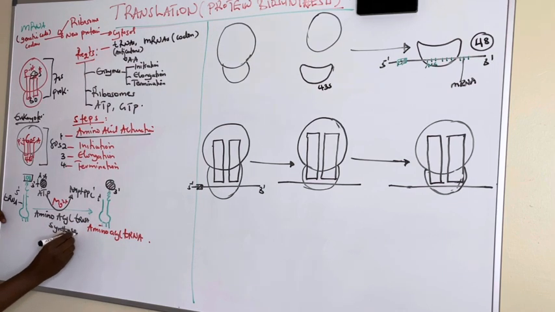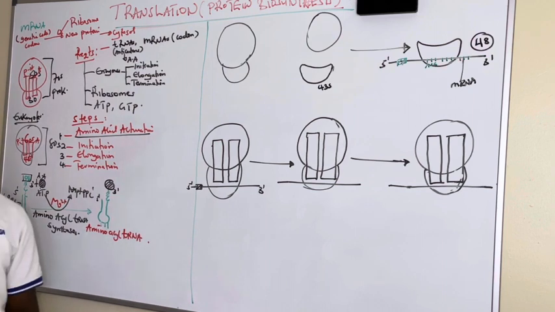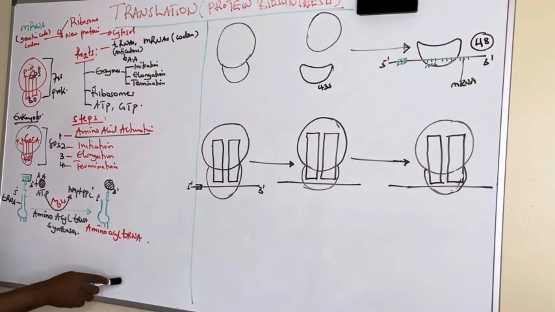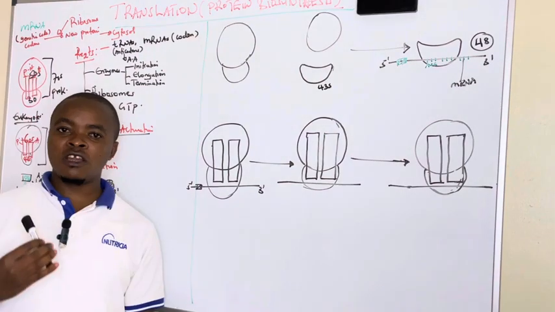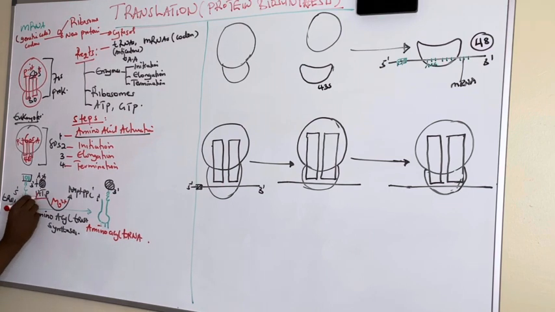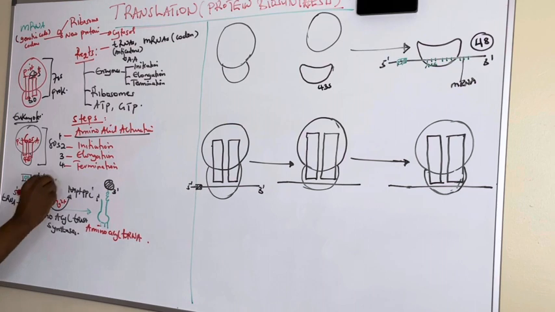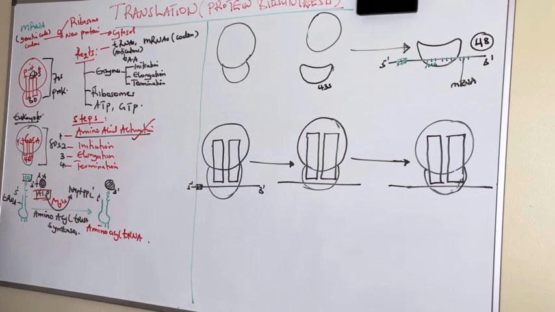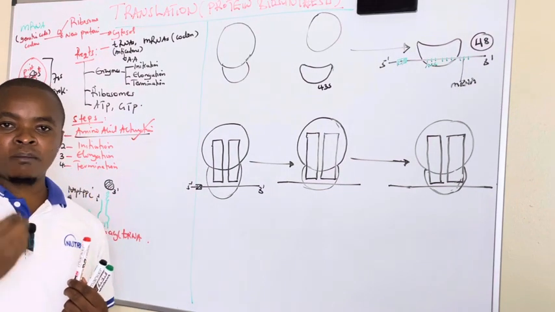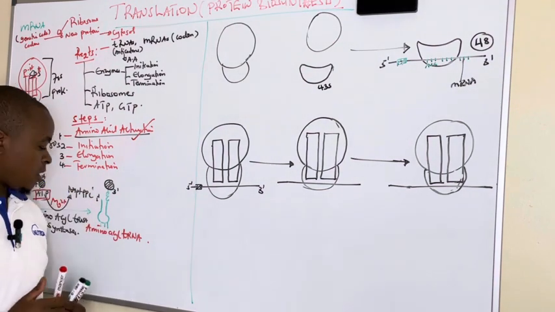As we know, synthases are named according to the product they are catalyzing, and because we are forming amino acyl transfer RNA, the enzyme is amino acyl transfer RNA synthase, which needs energy in the form of ATP. So this is what we call amino acid activation or amino acid charging, because before we begin the process, we needed to add an amino acid on the transfer RNA.